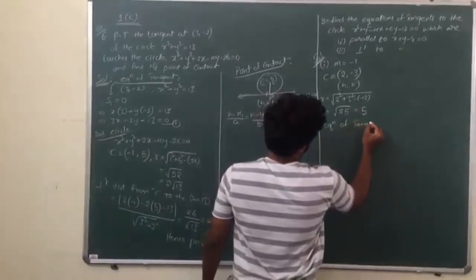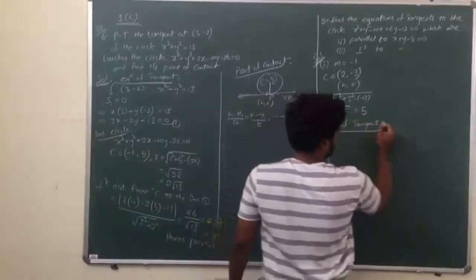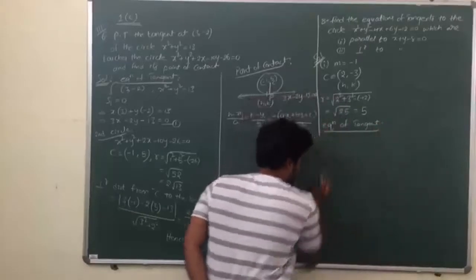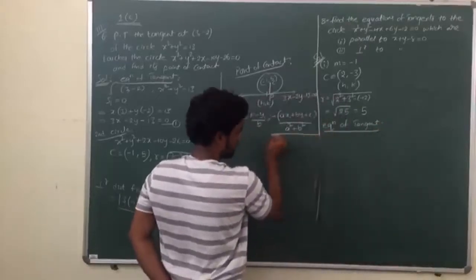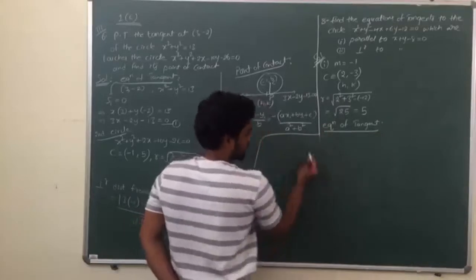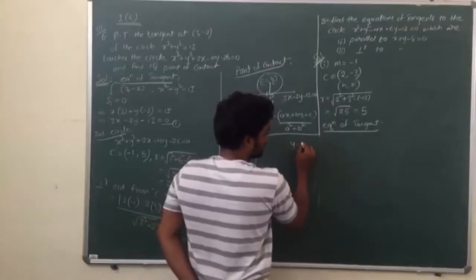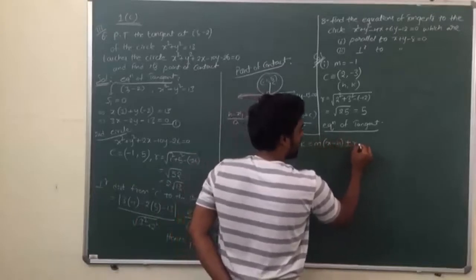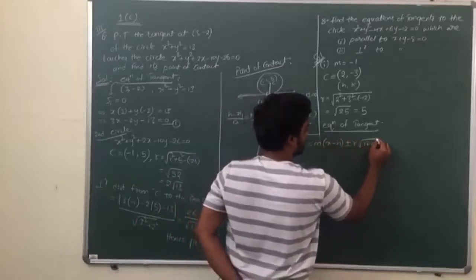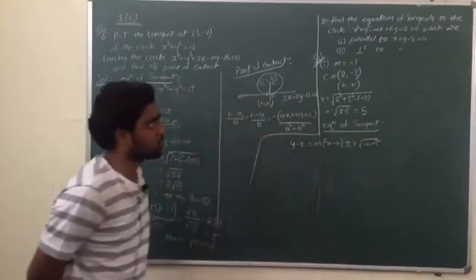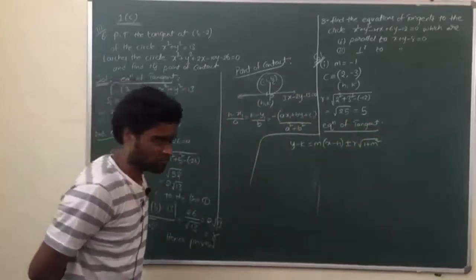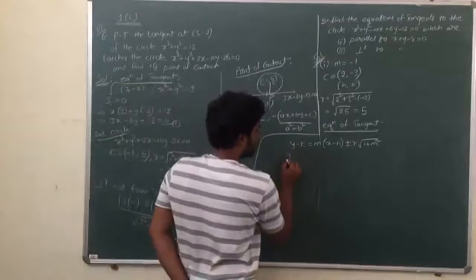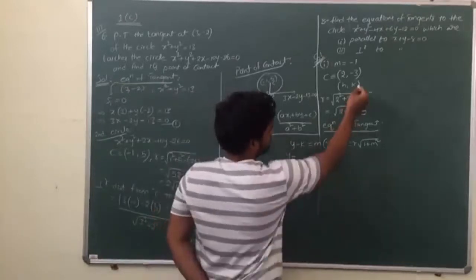Equation of tangent. See, formula is same. y minus k is equal to m into x minus h plus or minus r root 1 plus m square. Understood? So y minus, what is k? Minus 3.